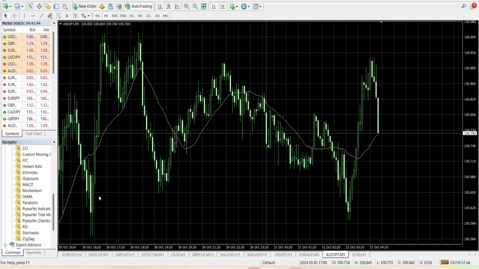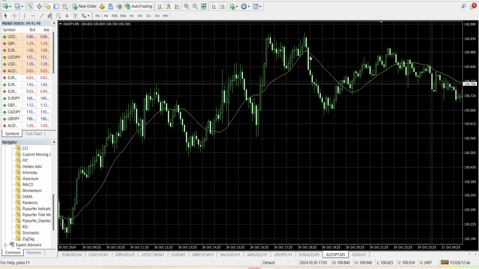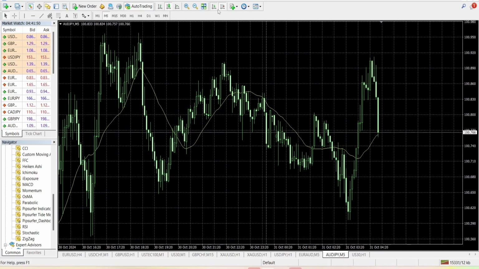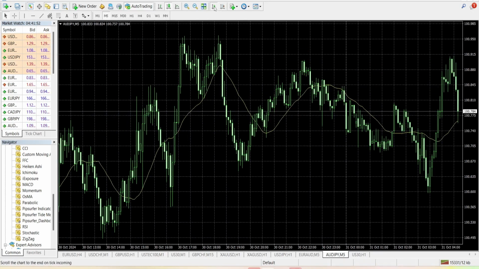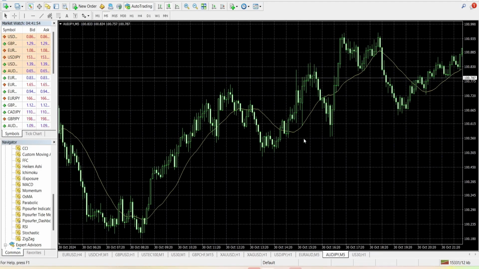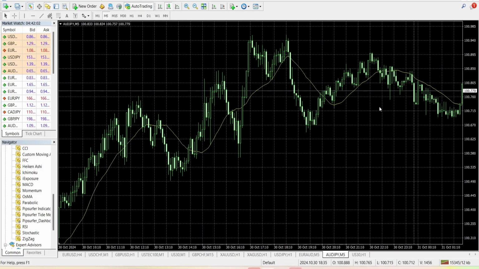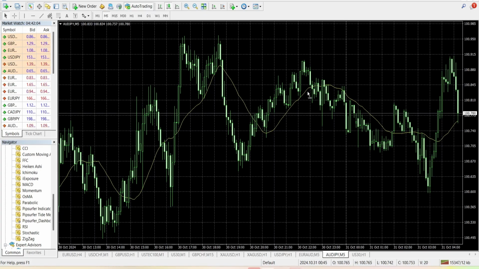Now you have to figure out, okay, this may be a supply zone. Let me look around and get off of auto scroll. Okay, now this may be a demand zone here. That may be another demand zone. There's an imbalance here. There's another imbalance here that got filled out. So you have to manually find all these different data points in the market to give an analysis.